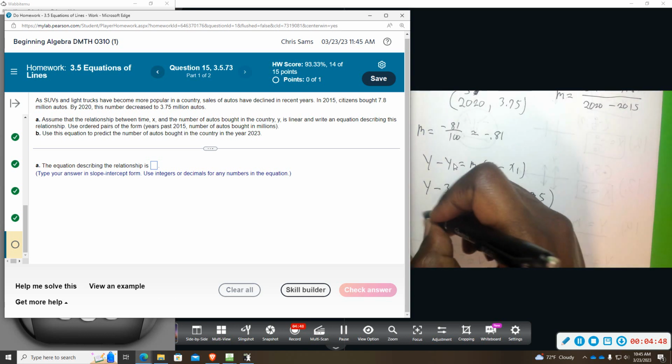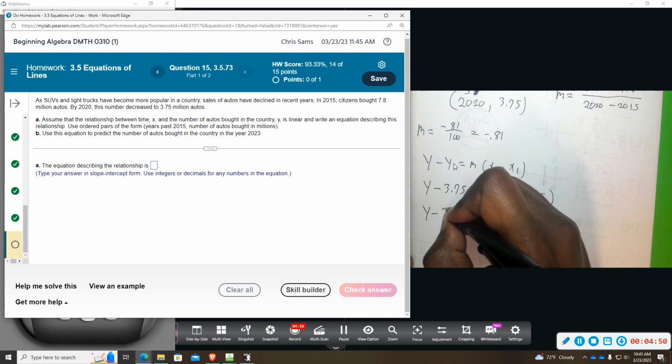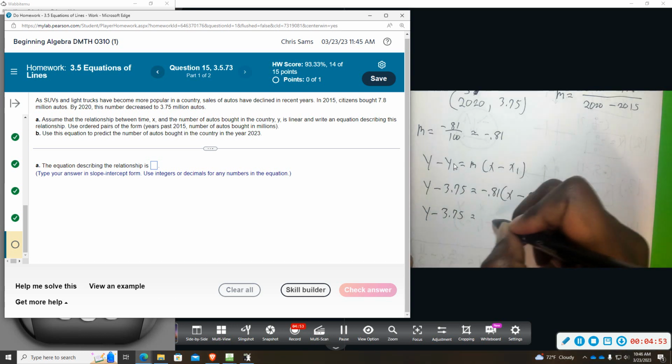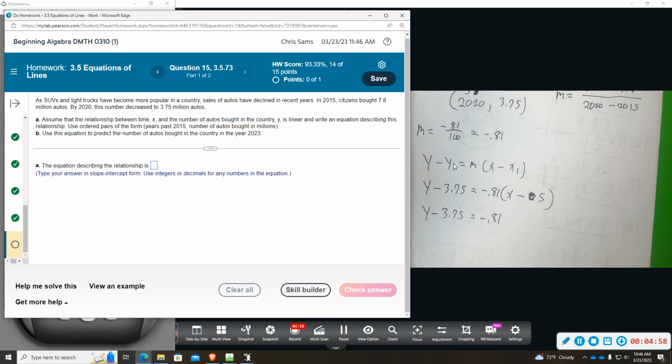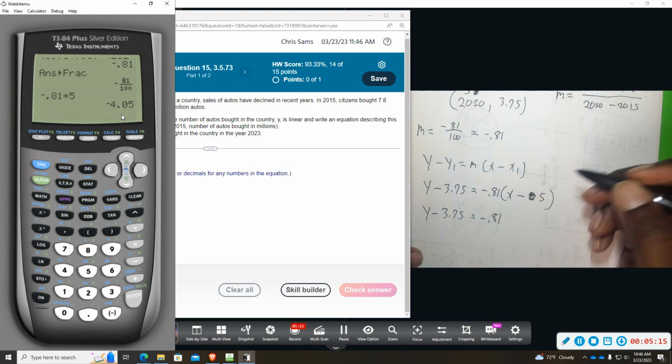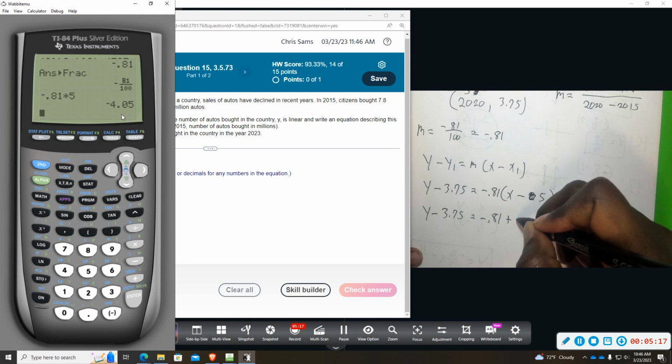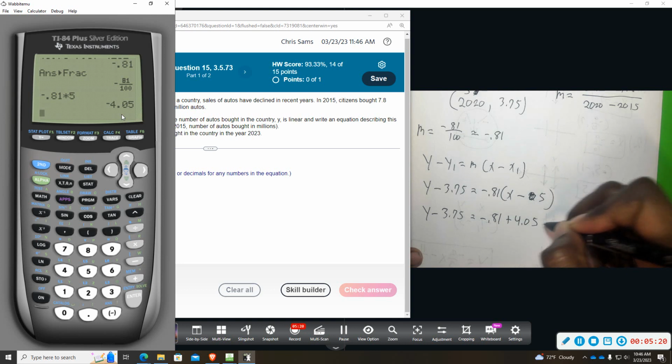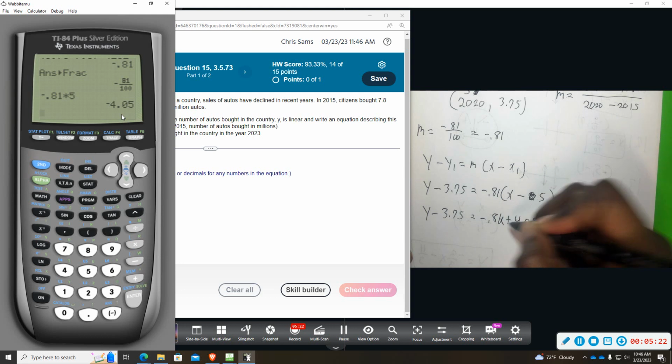So I'm going to distribute negative 0.81, and negative 0.81 times 5, let's see what that is, gives me negative 4.05. A negative times a negative should actually be positive, so it should be a plus 4.05, and this should have an x with it.